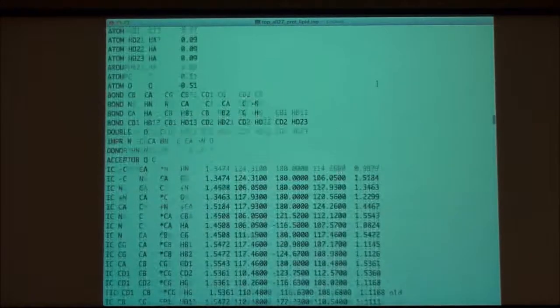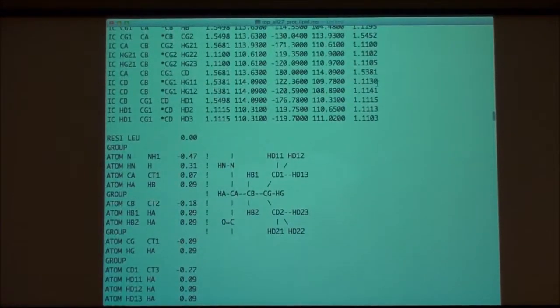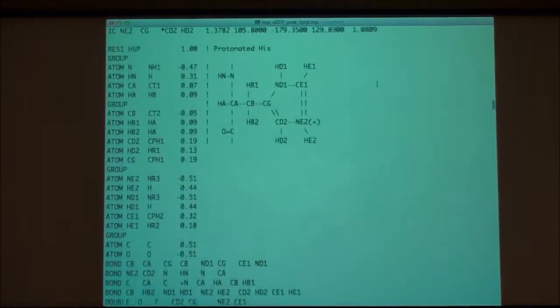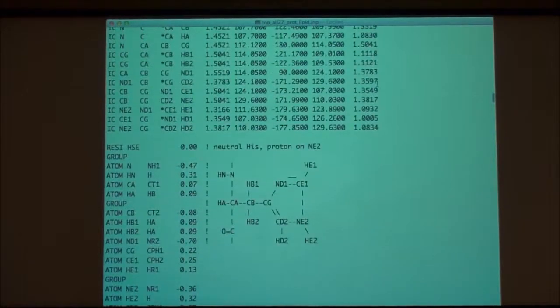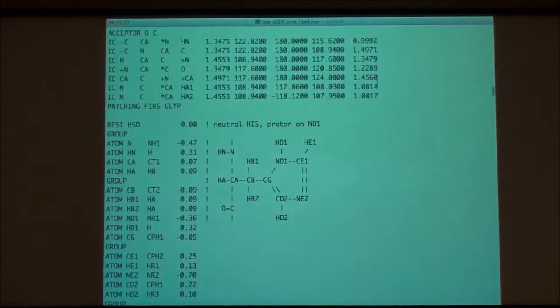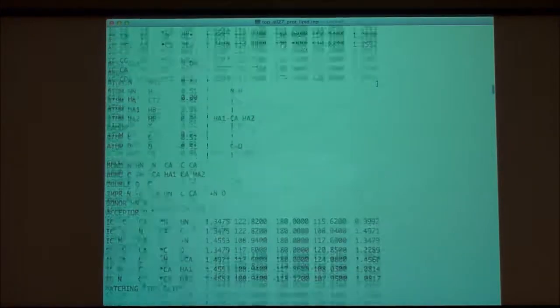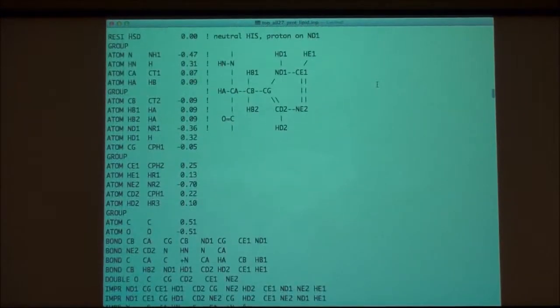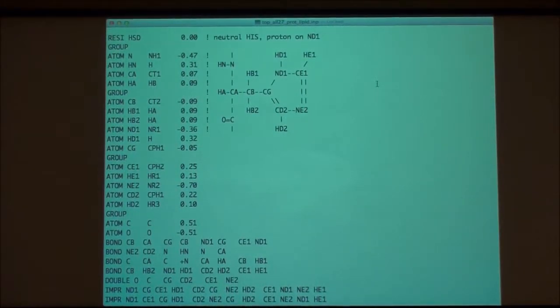So for those of you who might be actually interested in doing protein simulation, let me go back. This one thing I think is very important because it also connects to the fact that you don't have polarization and you're using fixed charges. So histidine is a particular side chain that can have different protonation states. We have quite a few of these side chains actually.